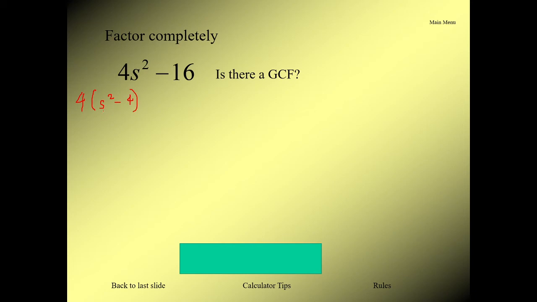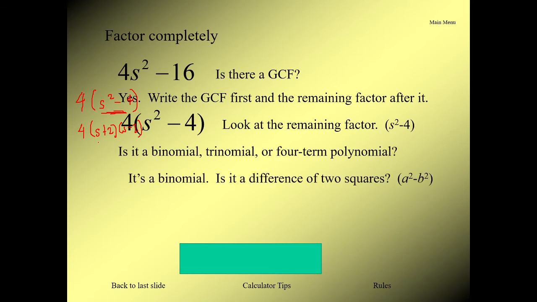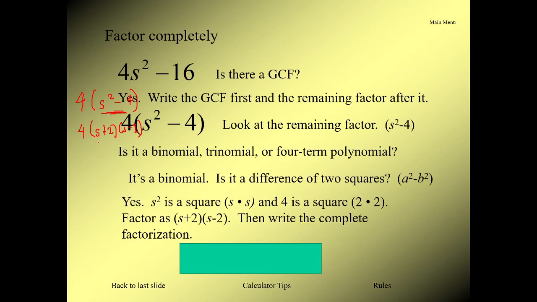So s squared minus 4 is a perfect square binomial, a difference of two squares. Remember that it is equivalent to s plus 2 times s minus 2. I believe that this is the final answer since it cannot be broken down into pieces anymore.